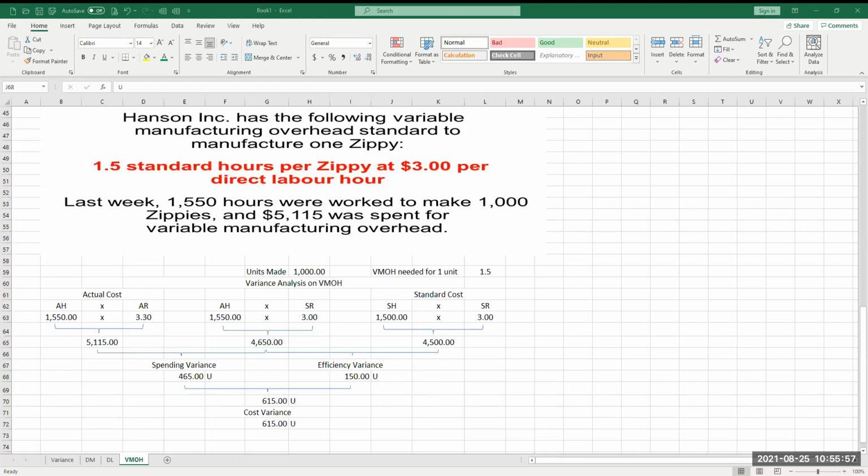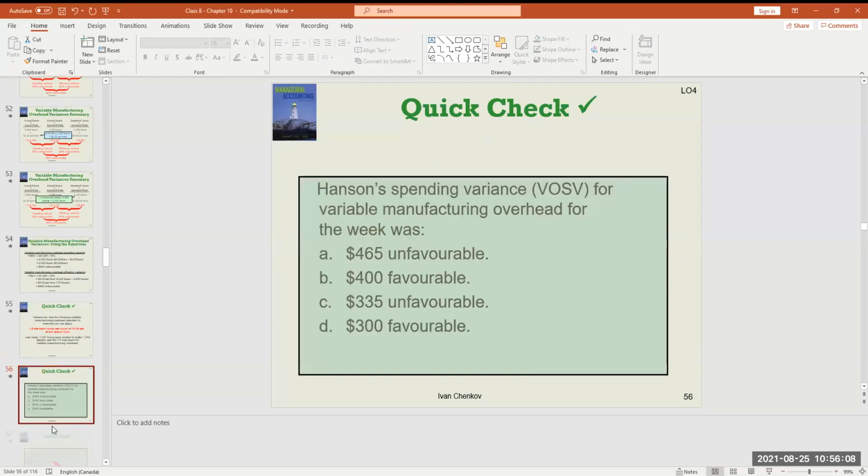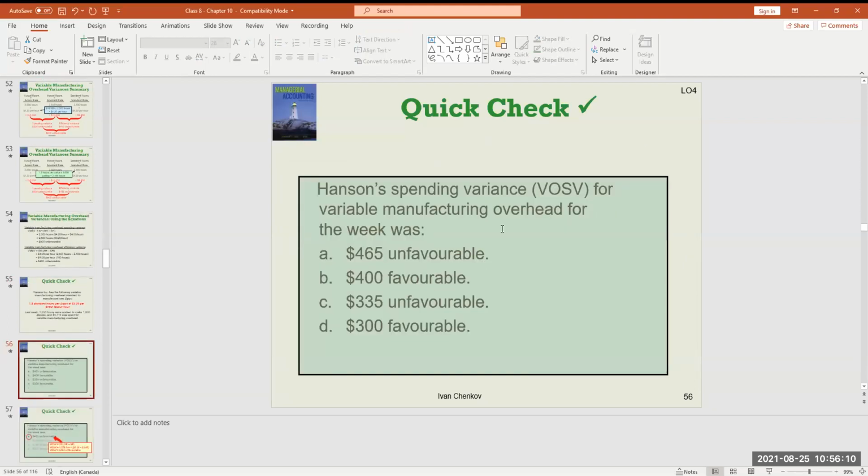And let's go to the slides, finish the slides. Now for this question, spending variance for the variable manufacturing. What was the answer here? A, correct?